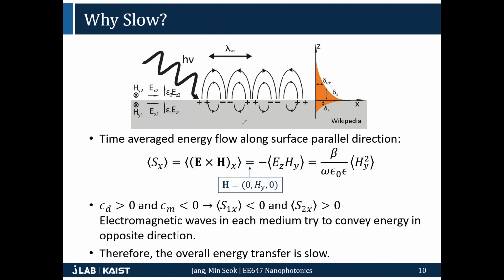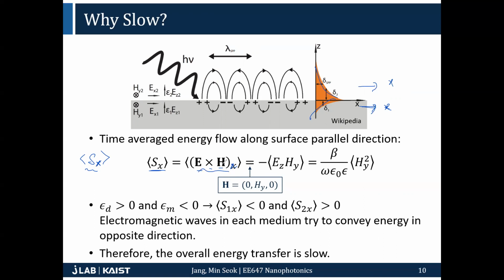In order to understand that, what we can do is we can actually calculate the energy flow along the propagation direction of the surface plasmons. And as we know, the energy flow along x direction can be calculated by using the Poynting vector, right? Poynting vector is energy flow. So the Poynting vector along x direction is E cross H x, right? So this is just the definition.